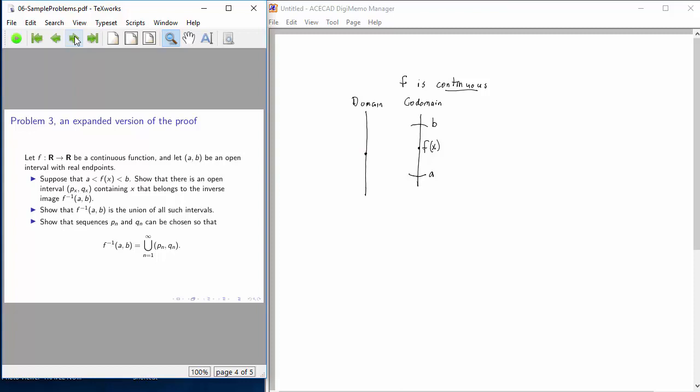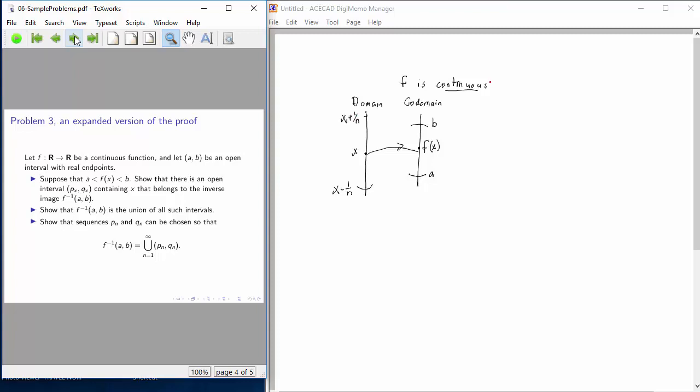So here in the domain, I'm going to show x, and f, of course, takes x into f of x. And then I'm going to consider an interval that extends from x minus 1 over n to x plus 1 over n. A reminder about continuous functions.